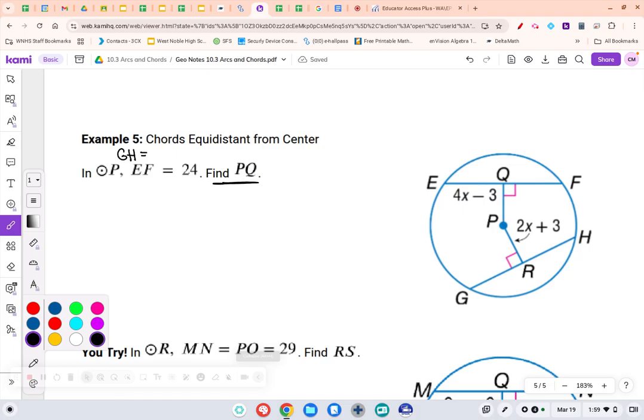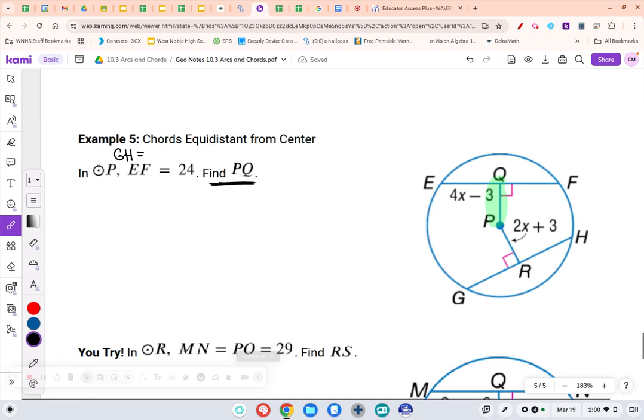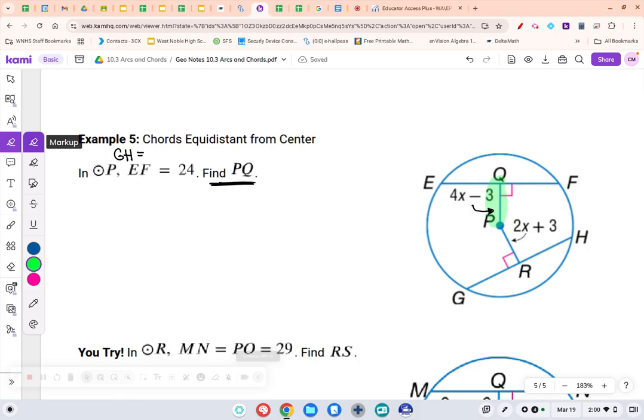We are finding segment PQ. That's this segment here. So we're going to have to plug it back in. Now, the fact that GH and EF equal 24 is not really super necessary. We only really need to know that EF equals GH.